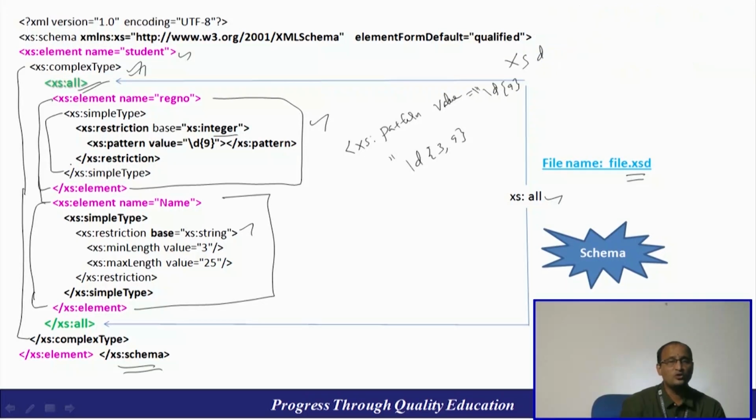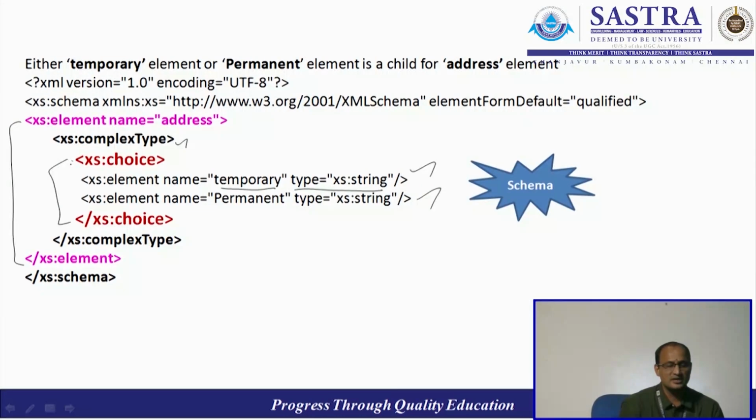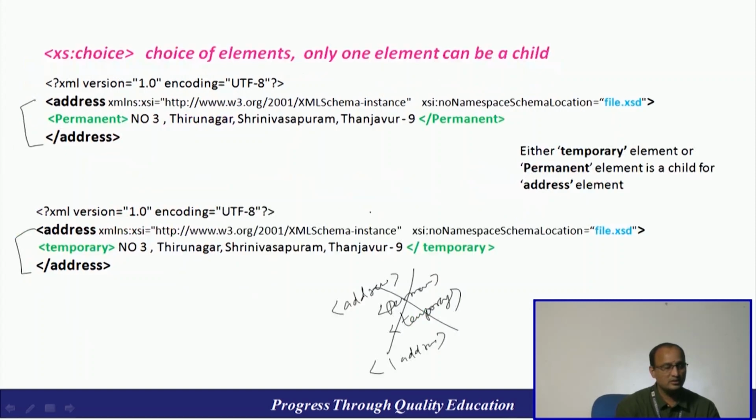Because I don't want to restrict more about the temporary and permanent address. Whatever we enter will be received as a string. So temporary and permanent are defined with the help of built-in type. So either temporary or permanent will be a child for the address element that I have shown here.